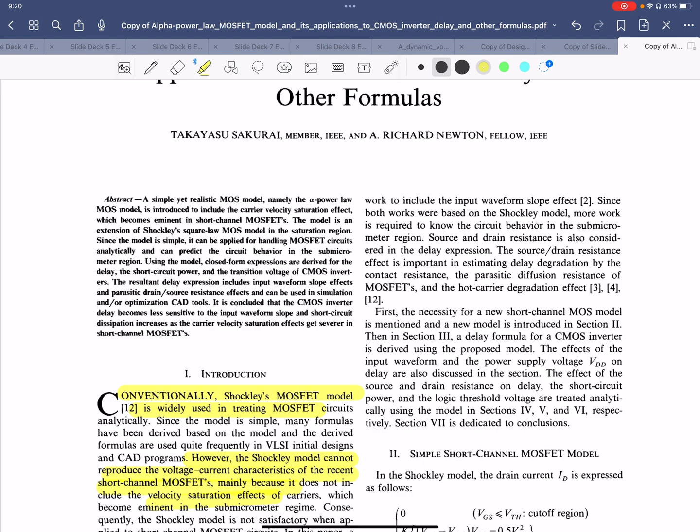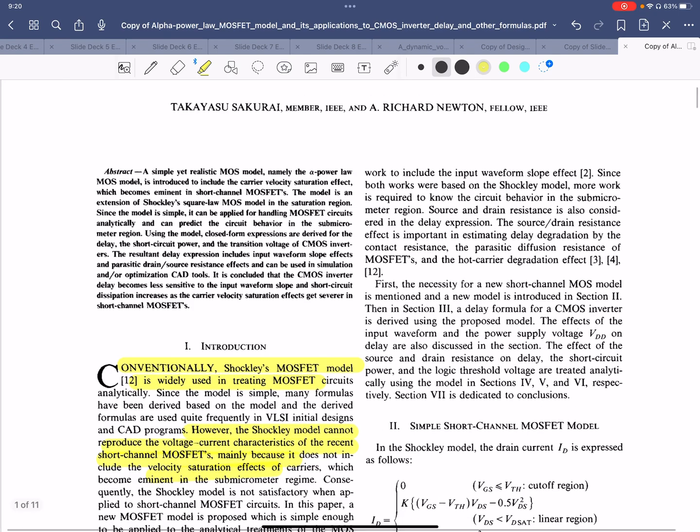A lot of them are numerical models. So you need something in between Shockley model level of simplicity and something much more complicated. Also, source and drain resistance is included in this model, etc.